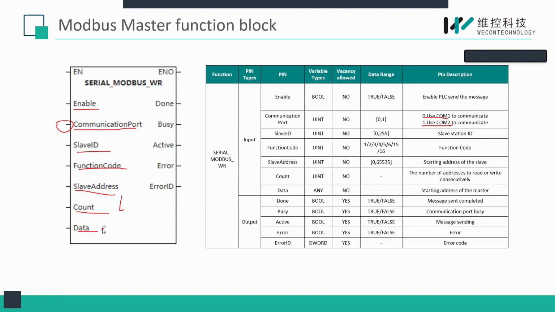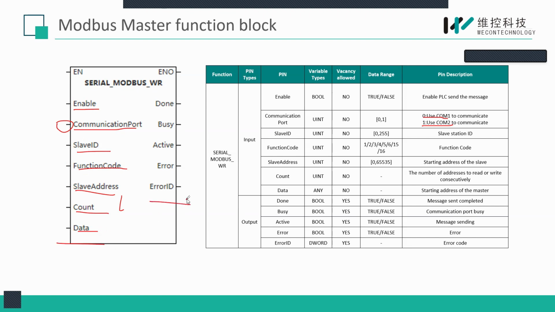If the function is read, it means the value read from the slave will be saved at which address in our PLC. If the function is write, it means which address we need to write to the slave. So this is our function block input.